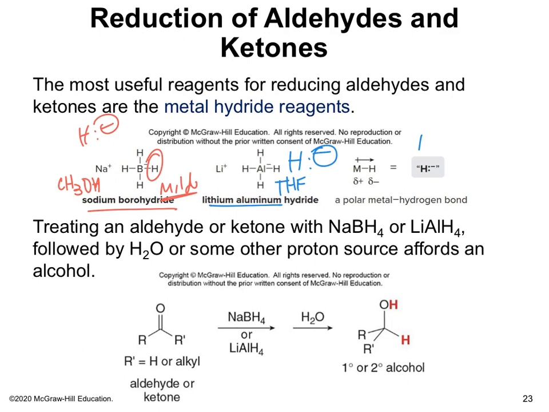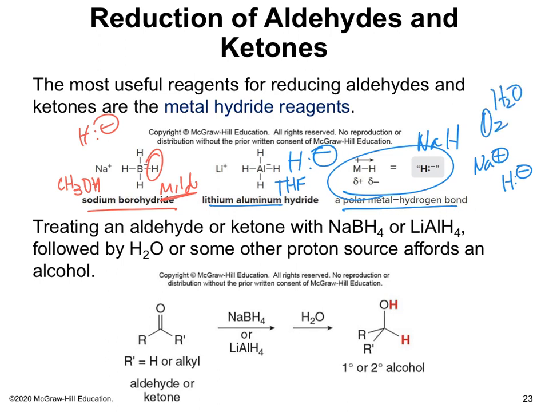Sodium hydride would also be an example of a hydride reducing agent. But you have to be concerned, because if you get this in oxygen or water, it will catch fire. Most people like the sodium borohydride. You might actually do some reactions in your class using sodium borohydride because it's not so pyrogenic, fire causing.